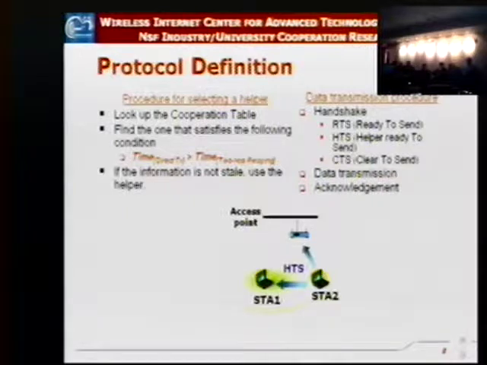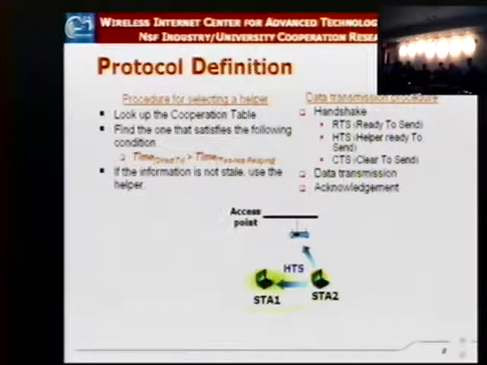Station 2 sends a new control packet that we call HTS, which is helper ready to send, with which it informs both the transmitter and the receiver that yes, it wants to participate in the cooperative transmission. It will help. If station 1 does not receive this HTS, it continues with a direct transmission.